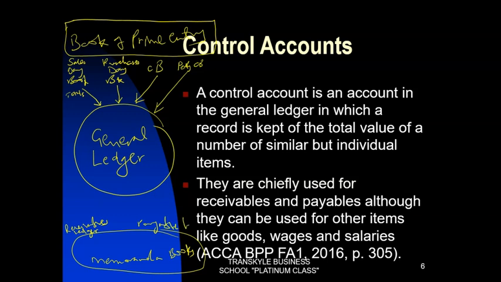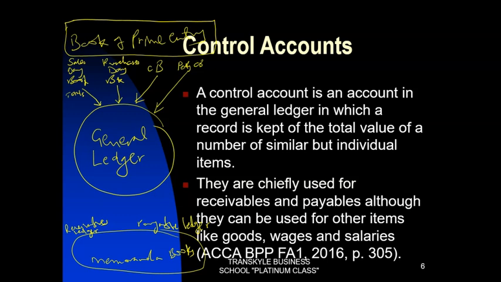The payables ledger is also called the purchases ledger. It is a record or a list of credit suppliers, and the receivables ledger is a list or a record of credit customers.